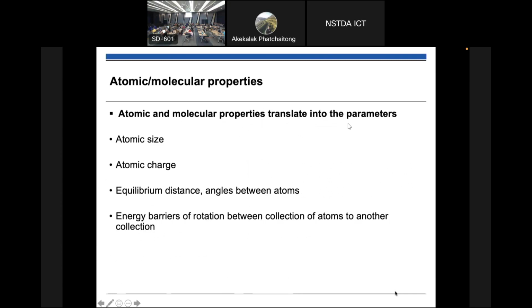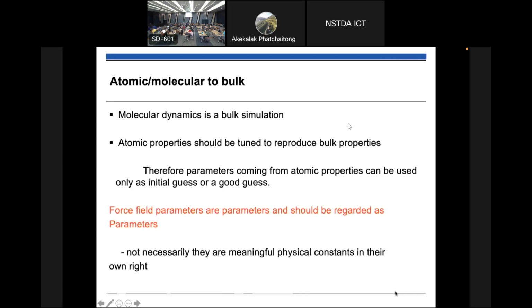So basically you have these atomic and molecular properties translated into the parameters. What are the parameters we have taken? Atomic size, atomic charges, equilibrium distance, angle between atoms, and energy barriers for rotations from one collection of atoms to another. This is your dihedral. By doing so, you have your force field ready.